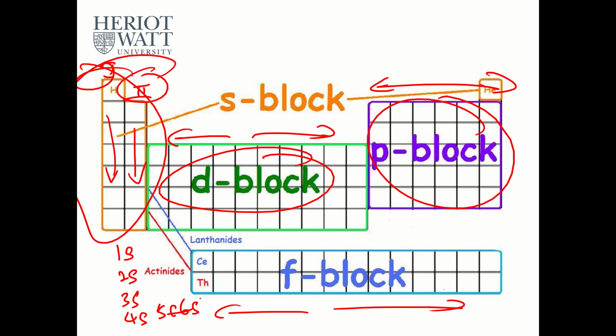Now, P block means the configurations always end at the P orbital. It can be 2p, 3p, 4p, 5p, regardless. You can take one element and Google search, or write it out on your own. They always stop at a p orbital. Therefore, all the elements here are known as p block. Same for D and same for F. So this is how we differentiate them in blocks.